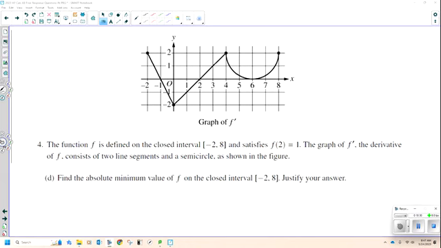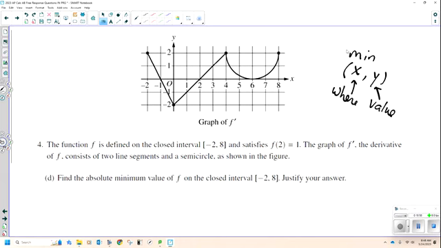And then we need to find the minimum value, which means we need to find the y value. They don't want to know where the absolute minimum occurs. They want to know what the absolute minimum value is. If that confuses you, okay, a minimum value happens at a point, an x and a y coordinate. This is where it occurs, the location. This is the actual value of the minimum right here.